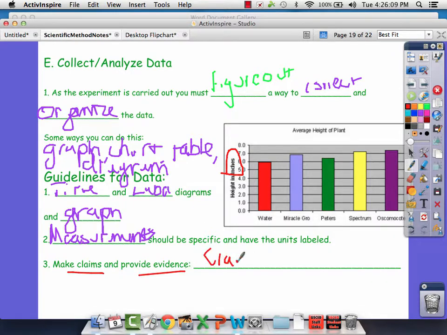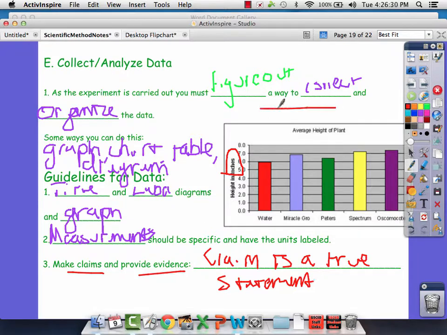You need to make claims and provide evidence. A claim is a true statement from your experiment. So there'll be sections on your labs that ask you to make a claim about your data.